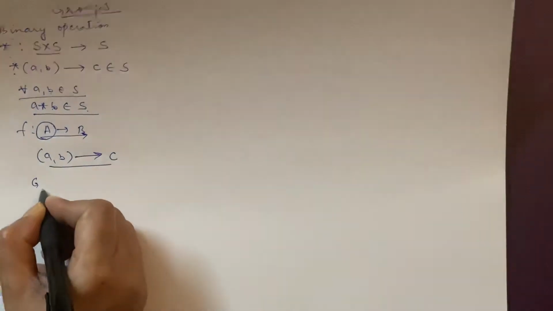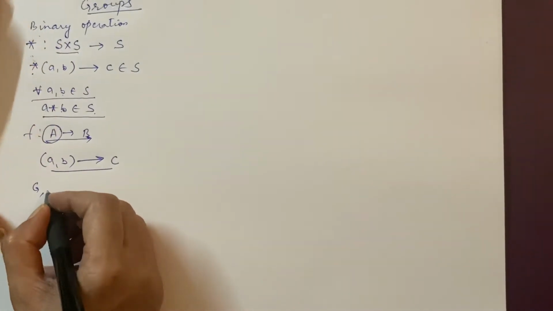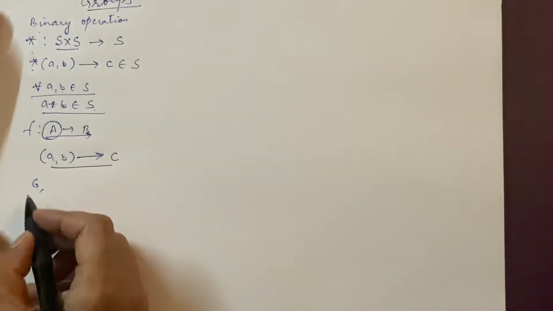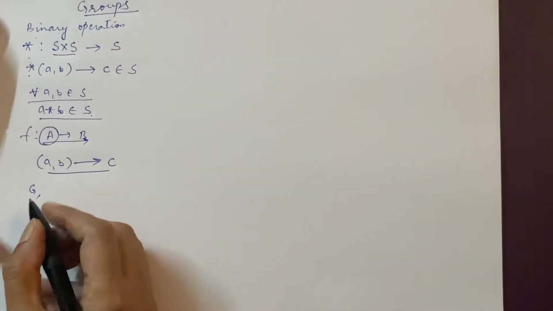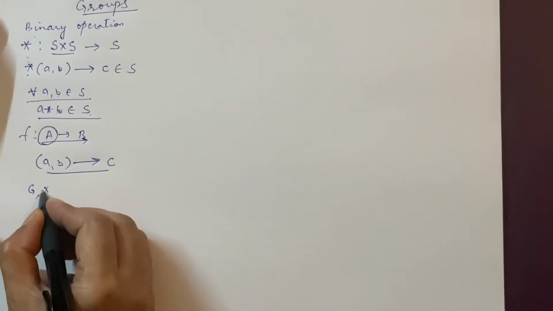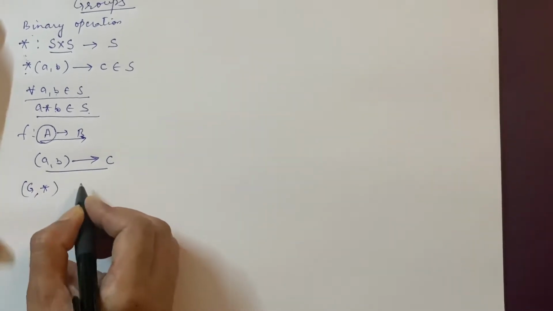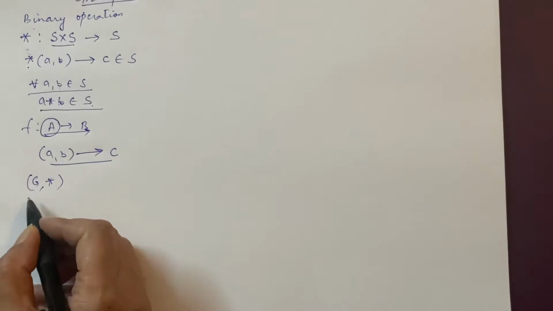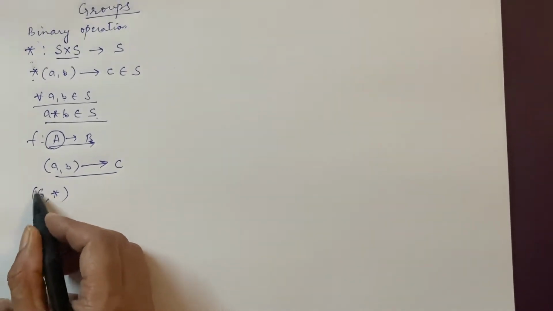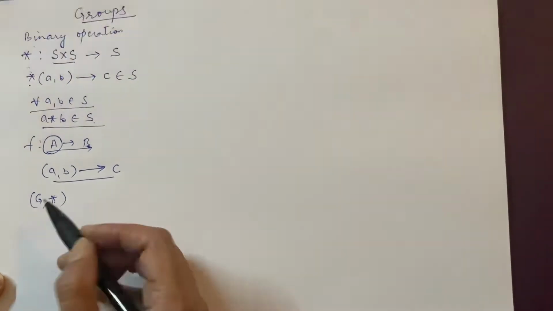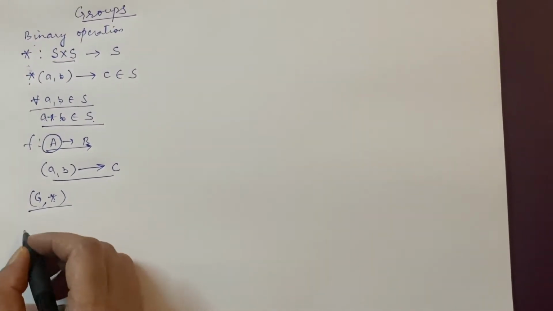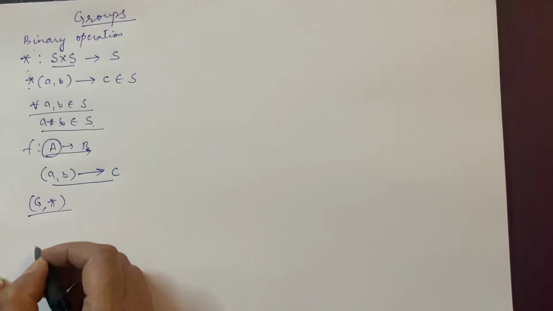If G is a non-empty set, because a group starts with G, so we will take G as the standard set. G is a non-empty set and star is a binary operation on it. What does that mean? That a pair of elements of G under star map to an element of G, and it is said to be a group if it satisfies the following properties.